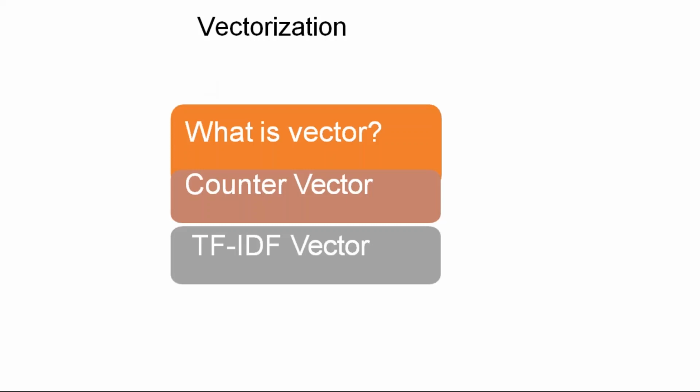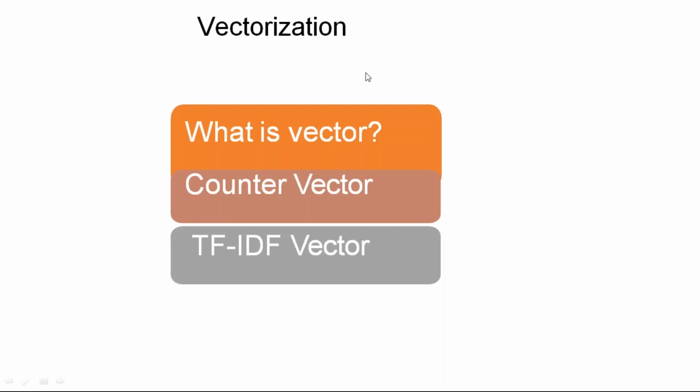Those lemmas have to be fed as input to some machine learning classifier. But machines cannot understand text, so we need a conversion from text to numbers. To represent text as numbers in NLP, there is the concept of vectorization.